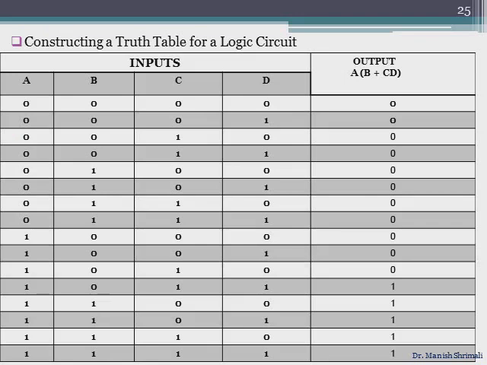So this is the truth table for the logic circuit which we just discussed. Since we have the output A into B plus CD, and having taken the different possible combinations of all the 4 variables, this is the truth table we have constructed for that logic circuit or expression.